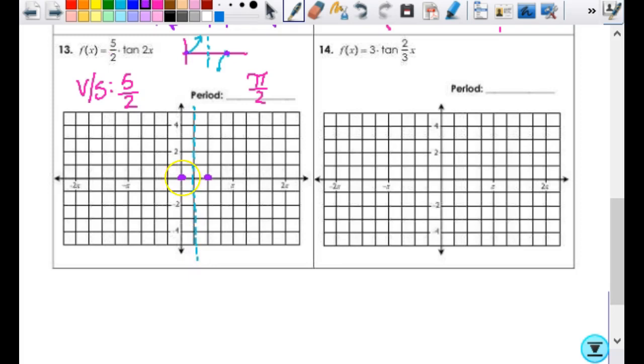In between this intercept and the asymptote, I do not have a reflection, so I know it's going to be positive, and it's a positive 5/2, which is 2.5, so I'm right there. In between these two, it's negative since there's no reflection, and it's a negative 2.5. And since I have that much, I should be able to repeat this. I have an x-intercept every pi-halves.